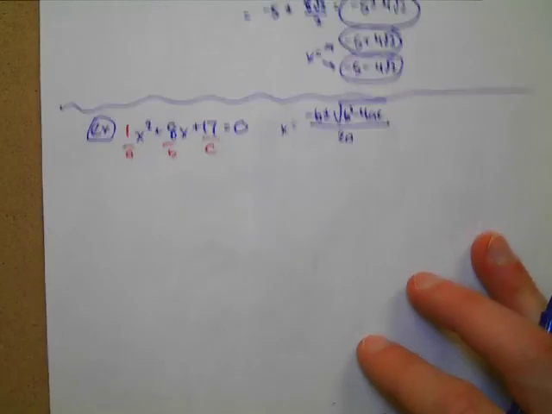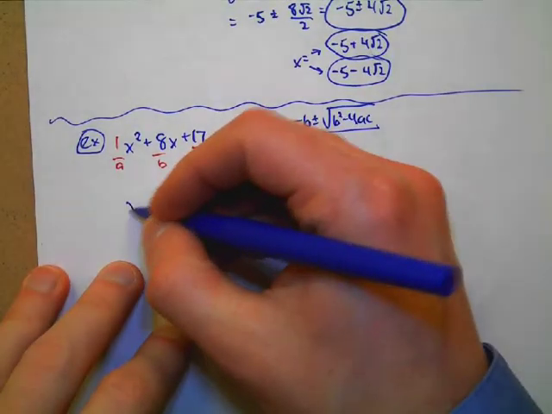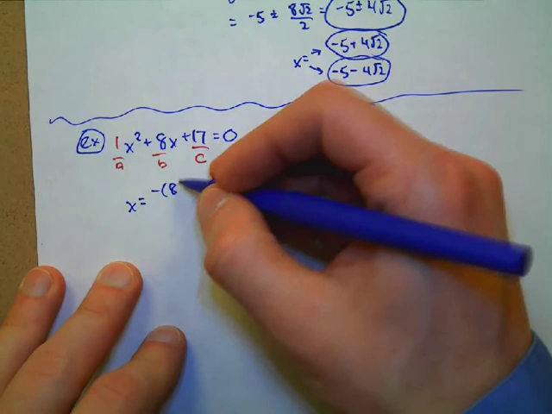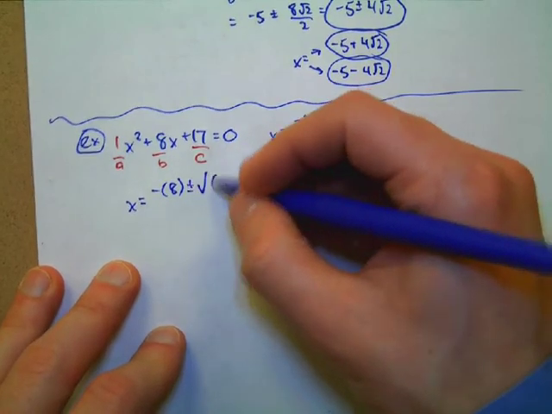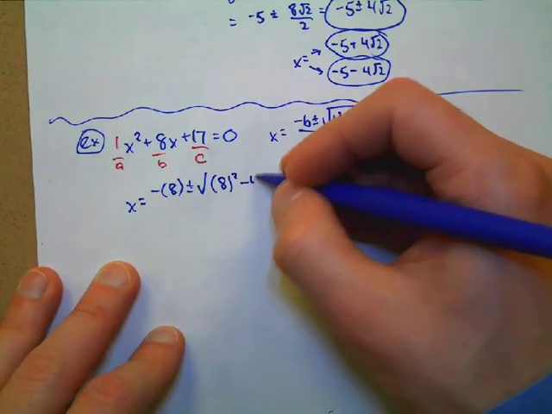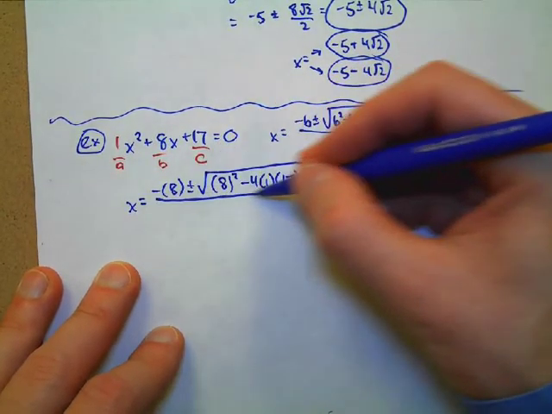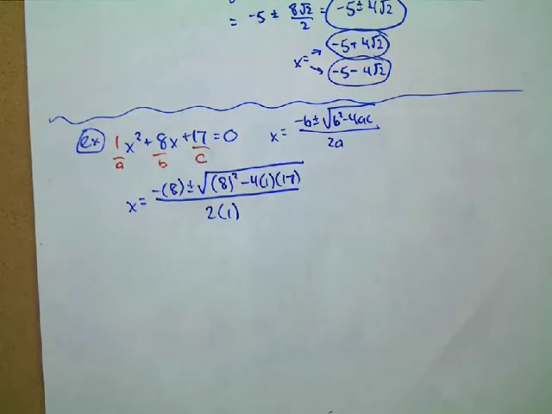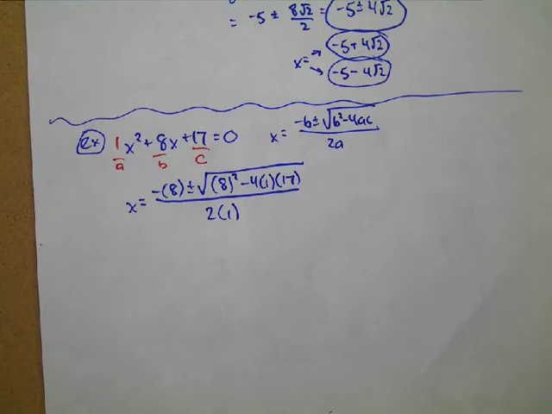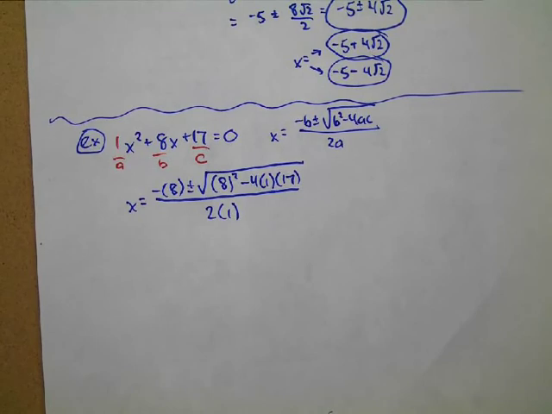So for our problem here, we'll have x equals negative 8 plus or minus the square root of 8 squared minus 4 times a times c, all over 2 times a.